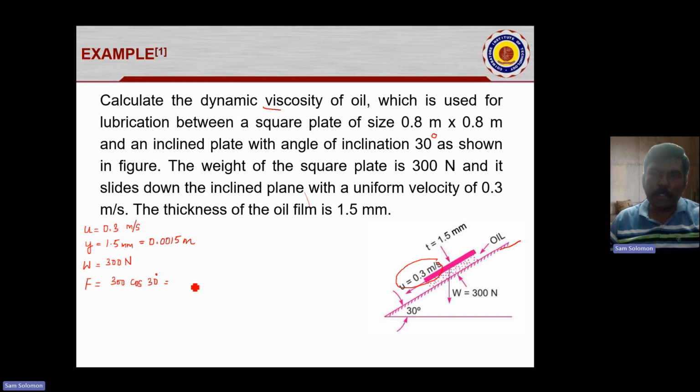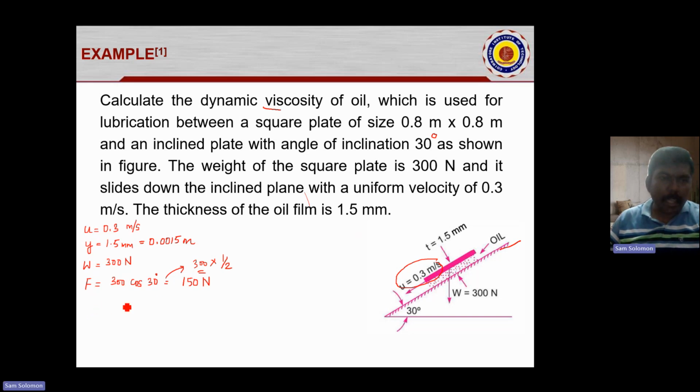So cos 30 is 1 by 2. So 300 into 1 by 2, that is going to be equal to 150 newtons. So that gives us 150 Newton over here. That is your F.